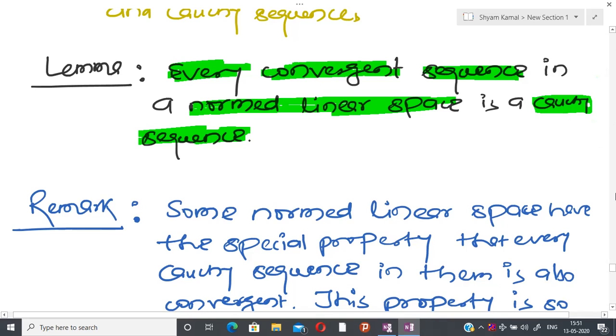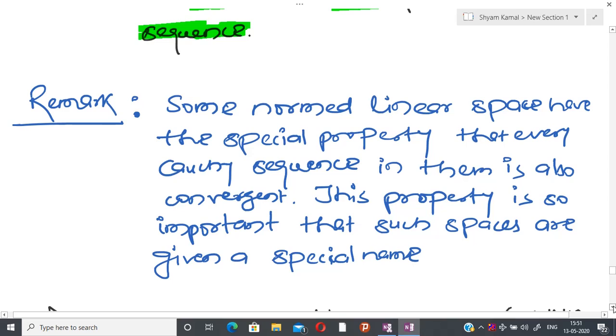Now I am not going to prove it, because the proof is exactly the same as in the case of real numbers. But I am going to discuss the main theme of the above theorem.